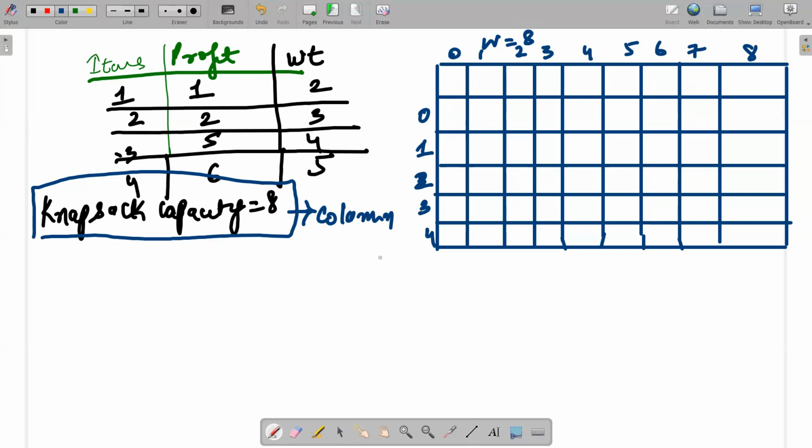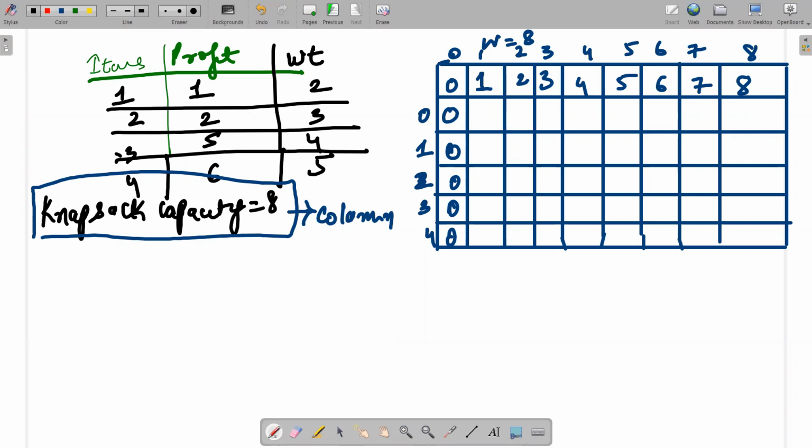So we have taken all the items as such. Now, the zeroth item has zero weight as well as zero profit, so it is never going to count. With zero weight we have no profits, so we are not putting values there.